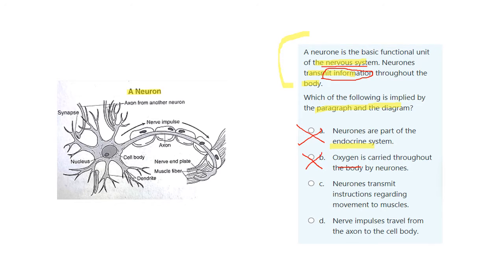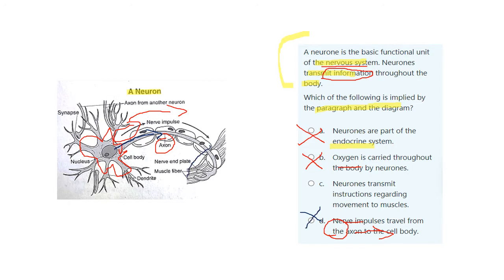Answer D, nerve impulses travel from the axon to the cell body, but the cell body is this part here, and we can see the arrow going in this direction, and this is the axon. So the messages go from the cell body to the axon, not from the axon to the cell body. D is the wrong way round.